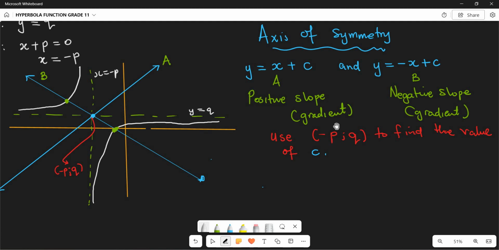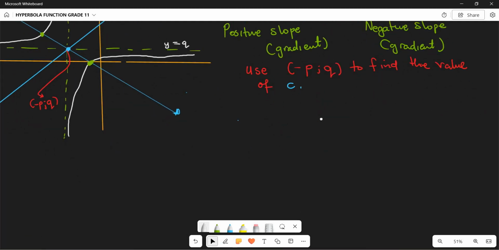Another way to look at this, you're not limited to that. Y is equal to, let's say, A over X plus P, plus Q. If you are given this function, we are going to say Y is equal to, open bracket, take the denominator as it is, then we add Q. You can see that in front here we have a positive.